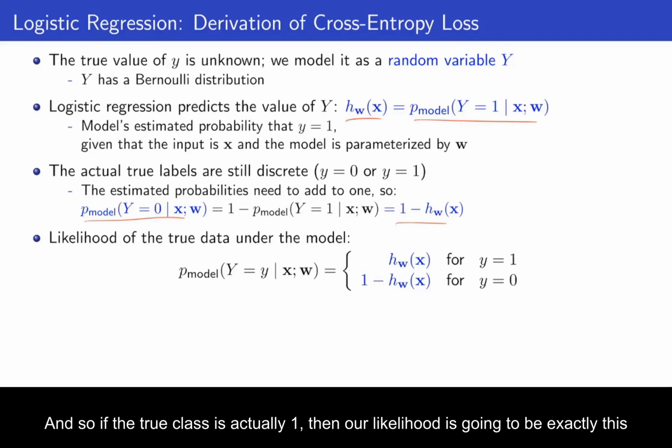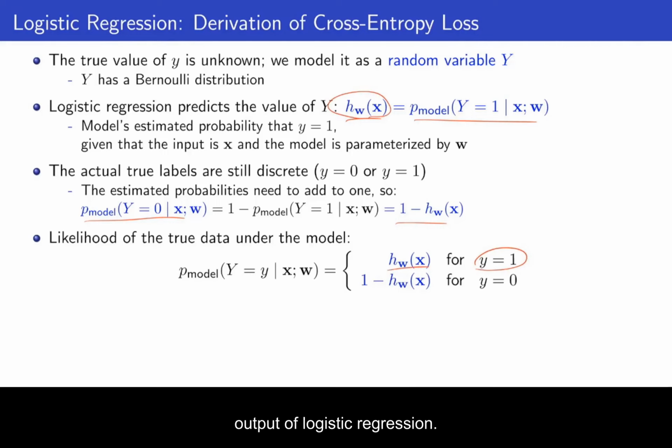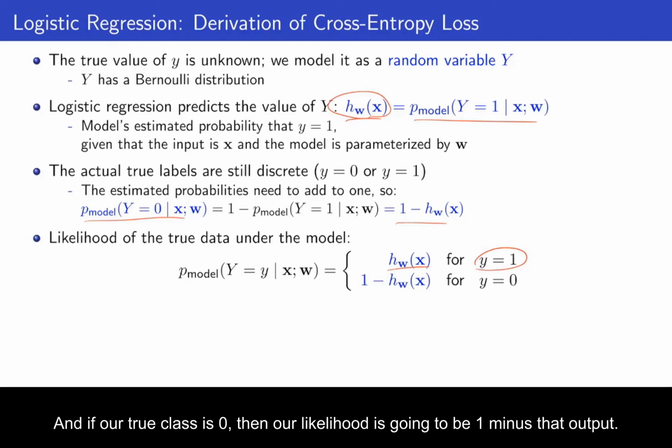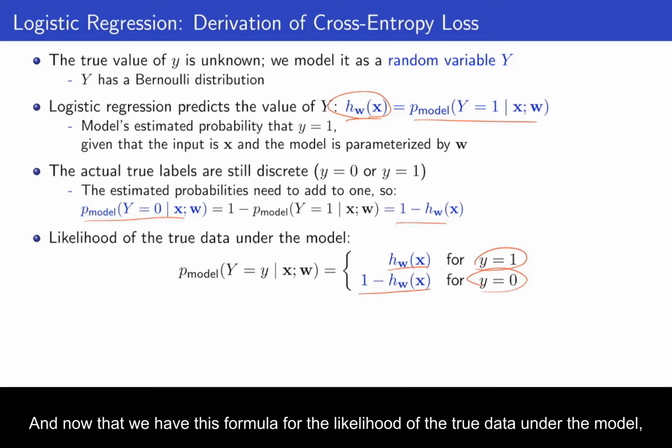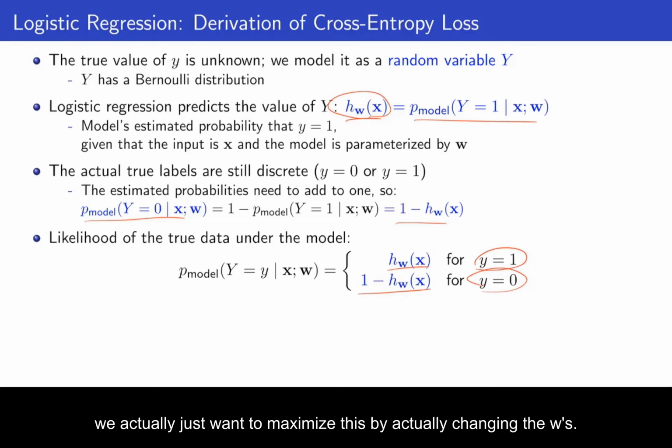If the true class is 1, then our likelihood is exactly this output of logistic regression. If our true class is 0, then our likelihood is 1 minus that output. Now that we have this formula for the likelihood of the true data under the model, we want to maximize it by changing the w's.